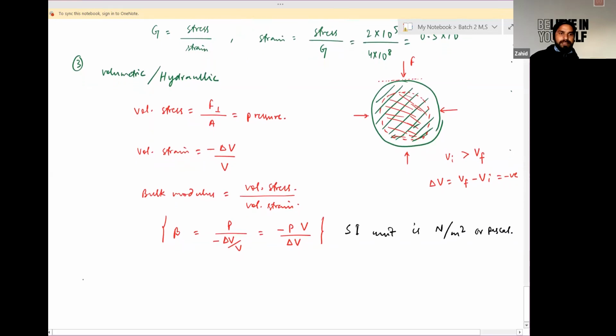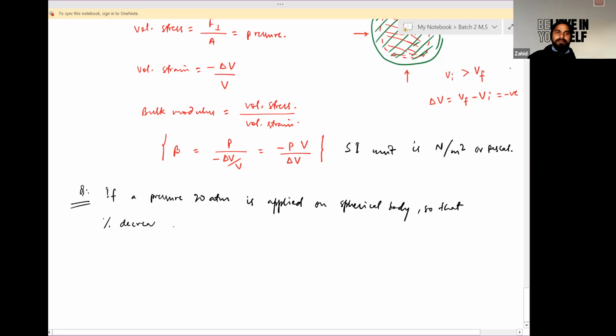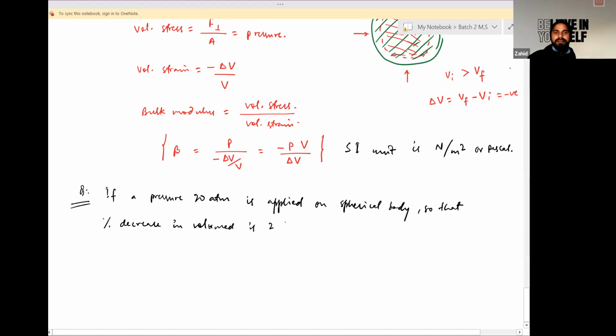Now there will be a question related to this. If a pressure of 20 atm is applied on a spherical body so that the percentage decrease in volume is 2, find beta.